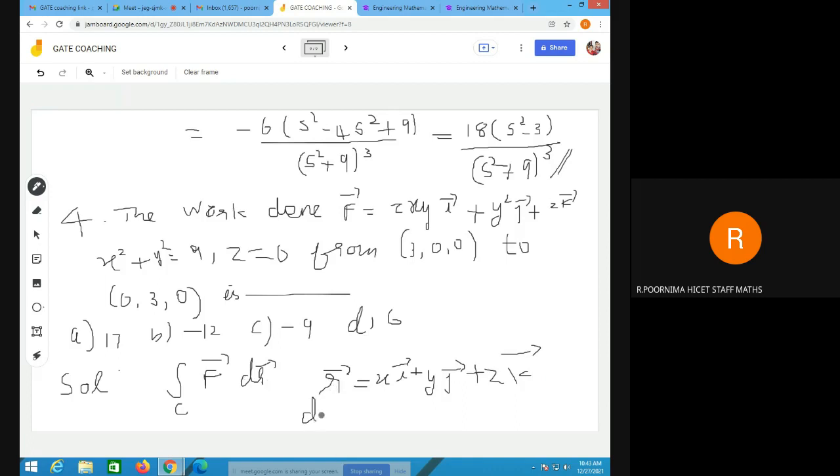We need to find the derivative of the position vector. So dr bar equal to dx into i vector, each variable differentiated, plus dy into j vector plus dz into k vector.